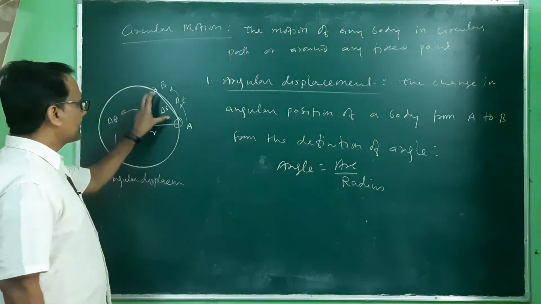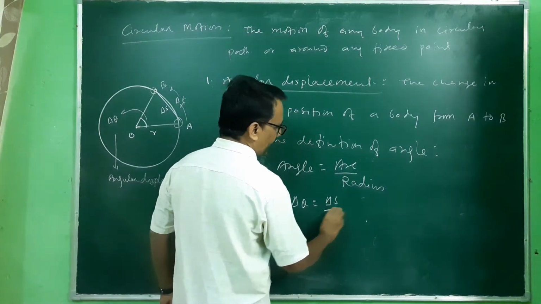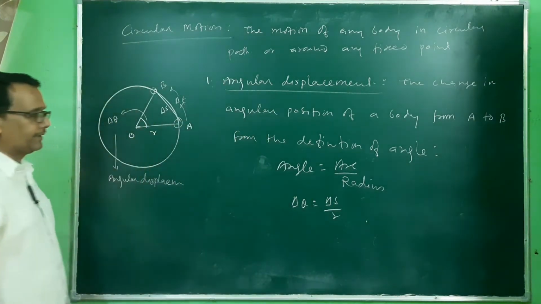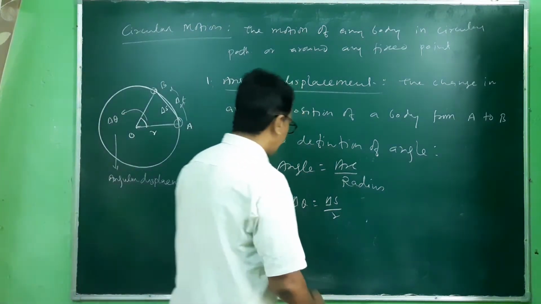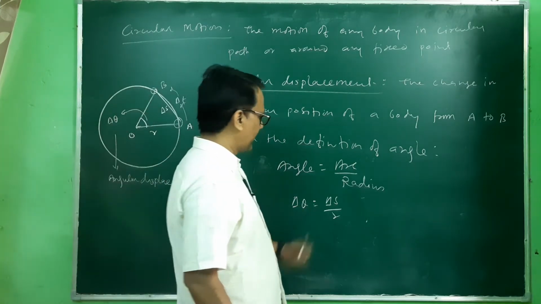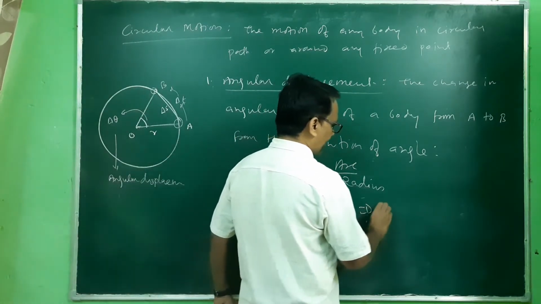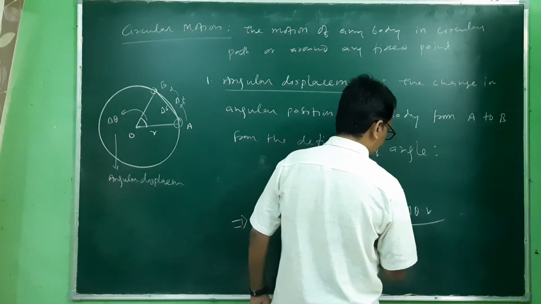If the arc is small, then our angle delta theta is equal to delta s by r, where r is the radius of this path. So the linear displacement and angular displacement are correlated with this equation. This implies delta s is equal to delta theta multiplied by r.